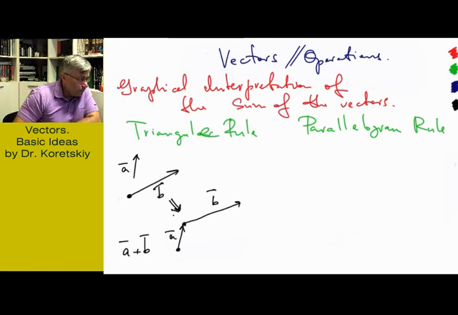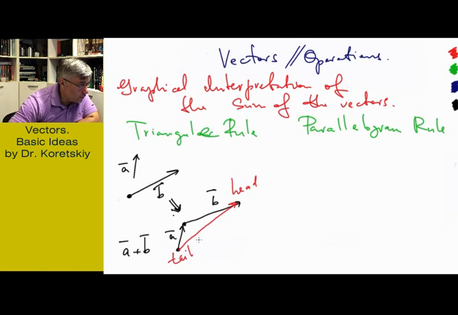And then the result of the sum of these two vectors, I use the green ink here, is a vector which connects the tail point of the vector a and the head point of the vector b. This red vector is a vector a plus b.